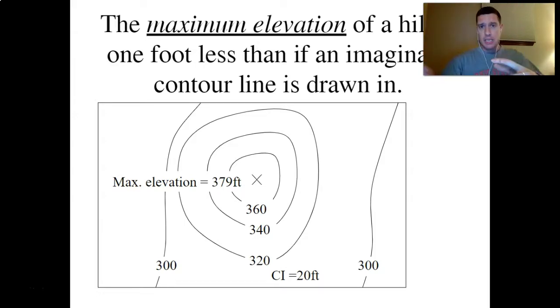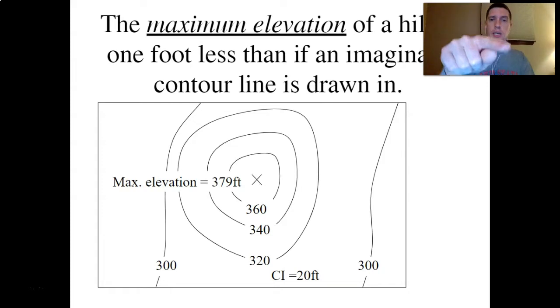This minimum and maximum elevation is going to take some practice. But just remember, the way that you can figure it out is look at your contour interval. Every line has to be another 20 feet. This here can't be 380 because we don't have another line drawn. So it's got to be 1 foot away from what a new line would be.